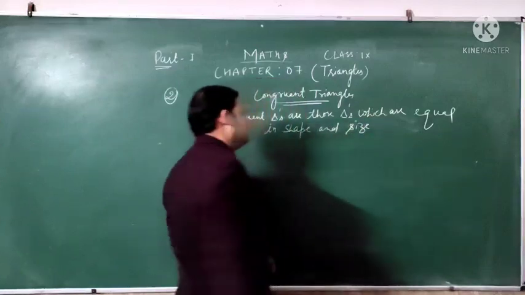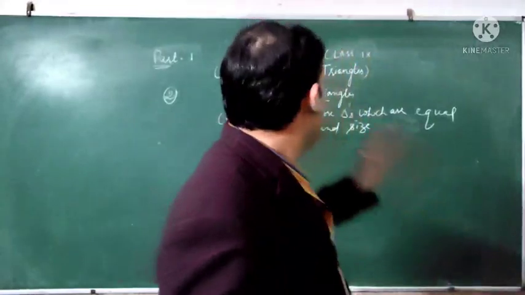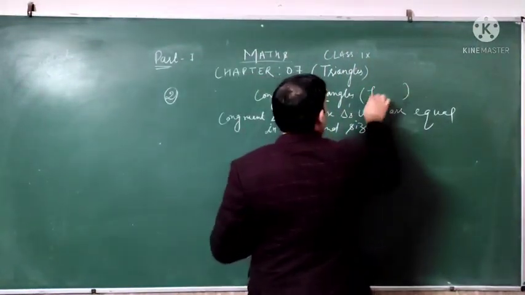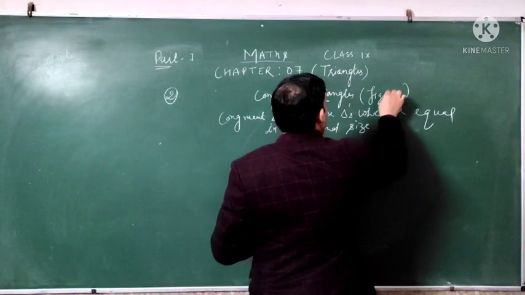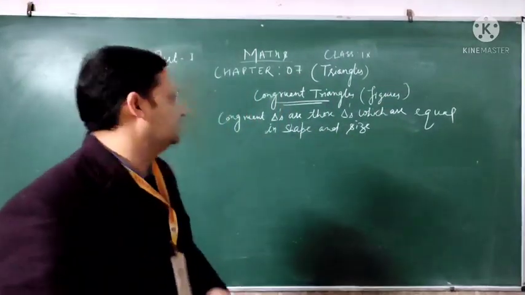It means we can say that congruent figures or congruent triangles are those figures which are equal in shape and size.